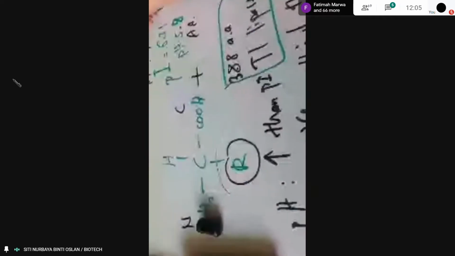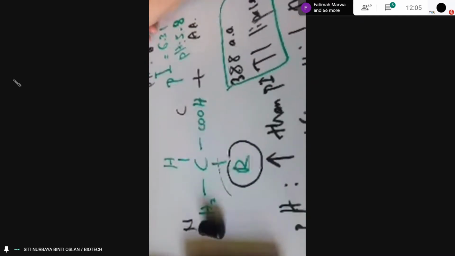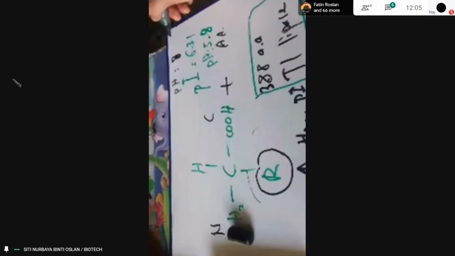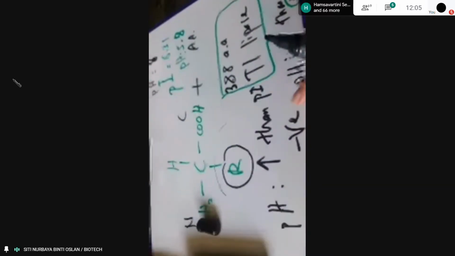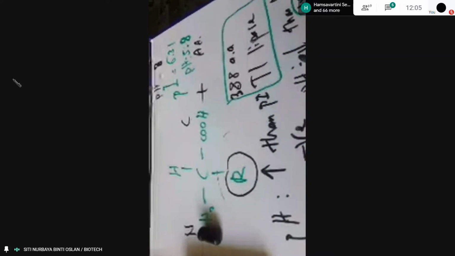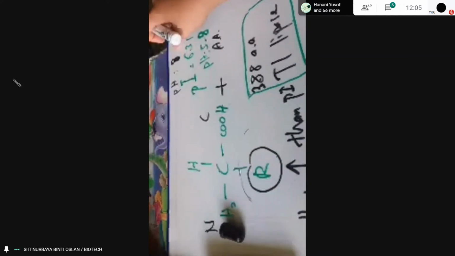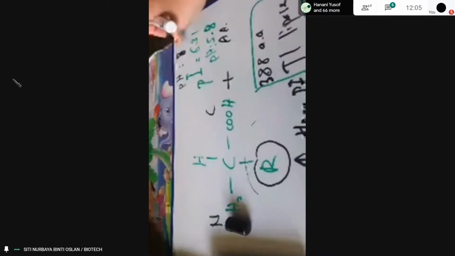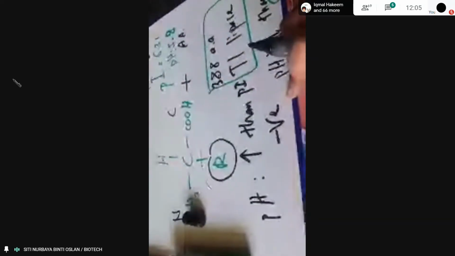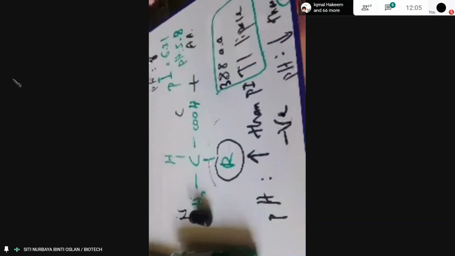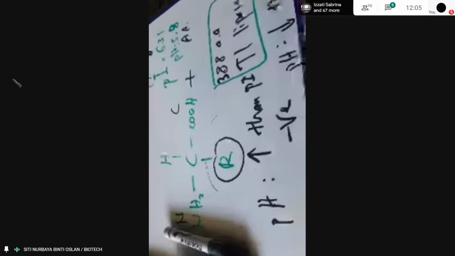But if you use 8, definitely 8 will make T1 lipase more negative than pH 7. Okay, you got it right. You get to know that principle. Then we move forward.